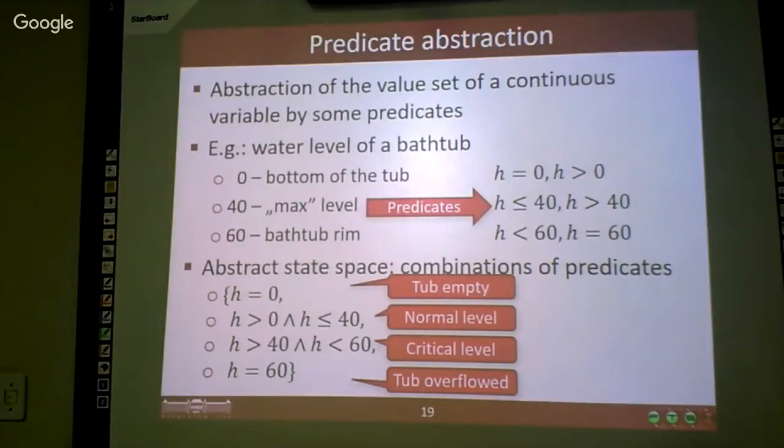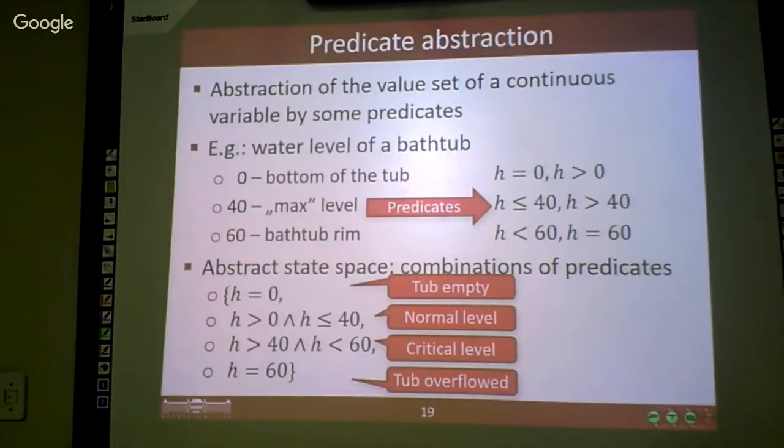It has a normal level if it is between 0 and 40 centimeters, because if you go into the bath tub and sometimes fall asleep, it is very dangerous if the water level is too high. There is a critical level, which is above 40 centimeters and below 60. And we can use the predicate h equals 60 to indicate that the tub overflowed.